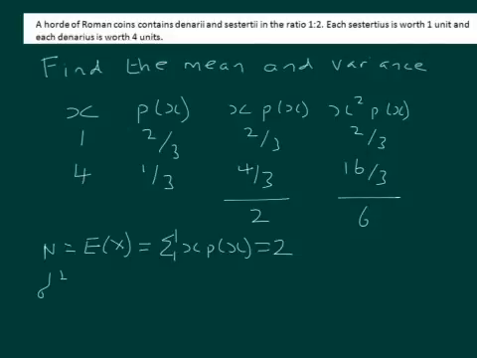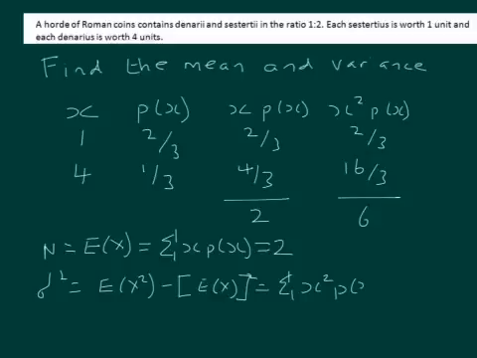The variance is the expected value of x squared minus the expected value of x, all squared, which is sigma x squared p(x) minus mu squared. So sigma x squared p(x) is 6, and 2 squared is 4, so the variance is 2.